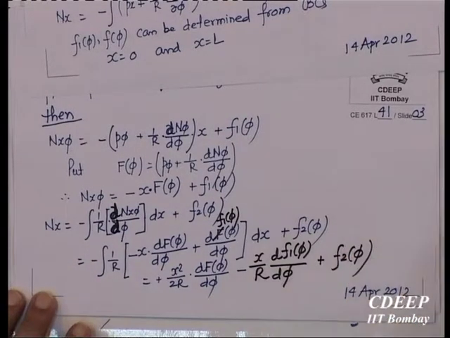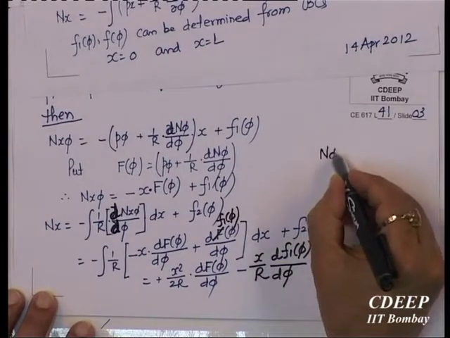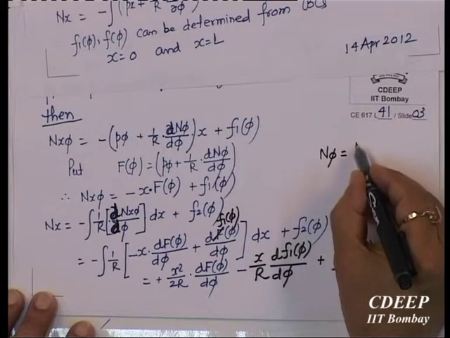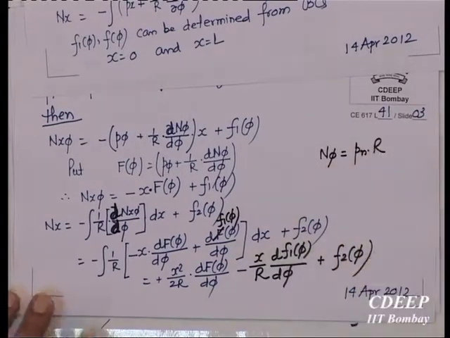And of course, the third one is there, N phi is that same P_n into r. That is the general solution. Okay.